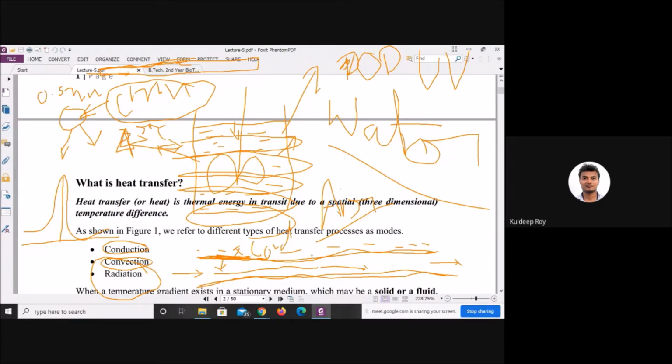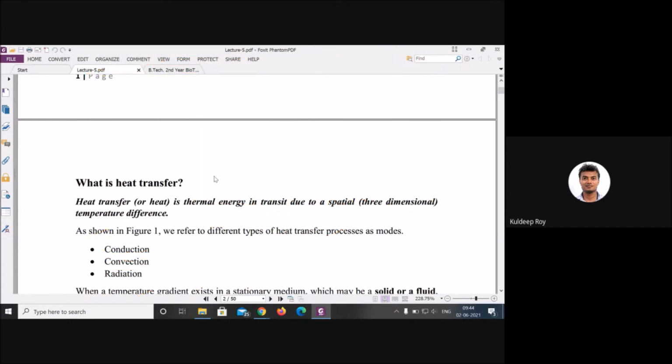Have you got the idea? In one piece of equipment, one bioreactor, each and everything happens inside the reactor. So you have got an idea of where conduction, convection and radiation come into the picture.